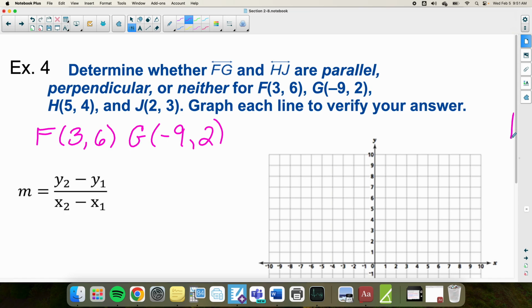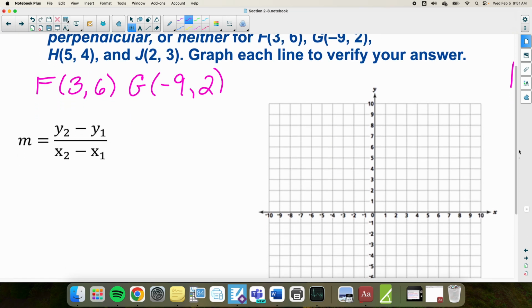Now if I try to find the slope, if you remember from last Friday, x1, y1 can be your first point, x2, y2 your second point. What we're going to do is subtract the y's on the top. Truly, it doesn't matter which way you subtract as long as you do the same way for both.